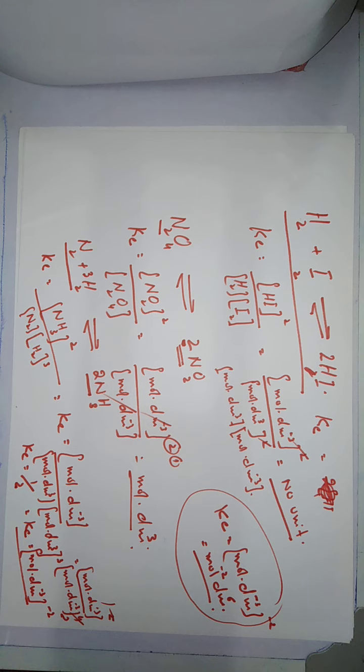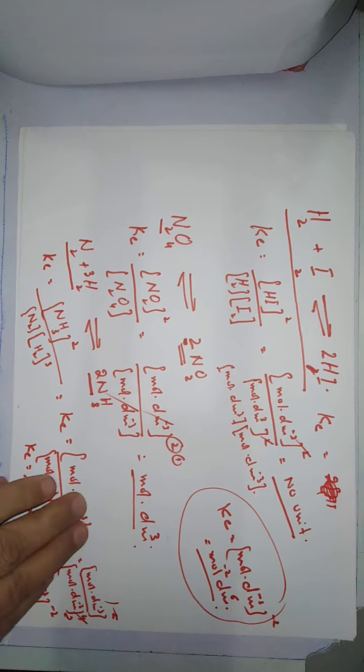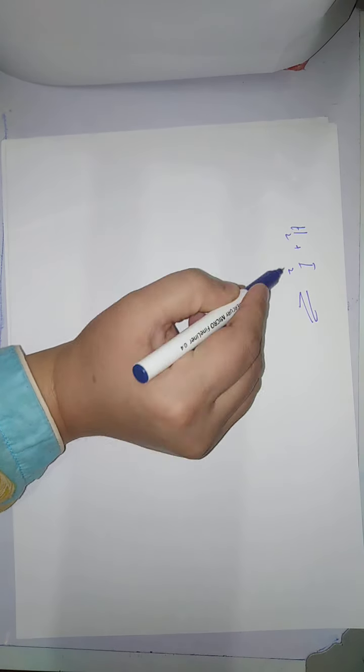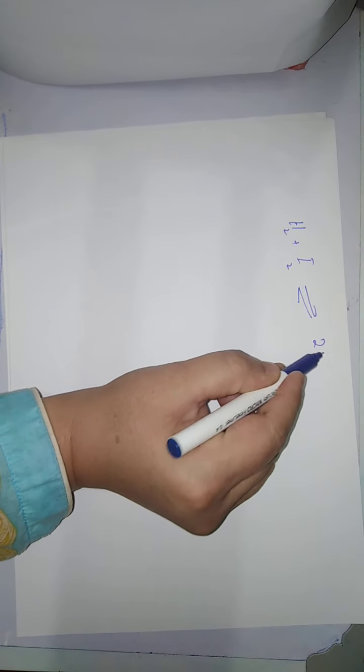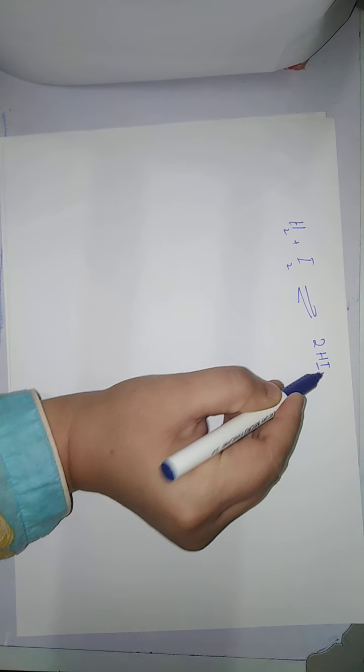Now with the help of an example, you can calculate the value of the equilibrium constant. For example, H2, hydrogen molecule, reacts with iodine, it forms hydrogen iodide.